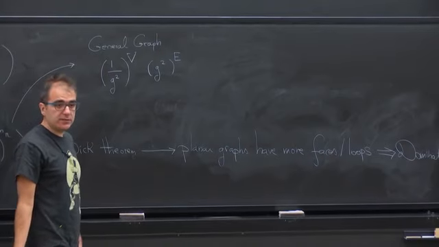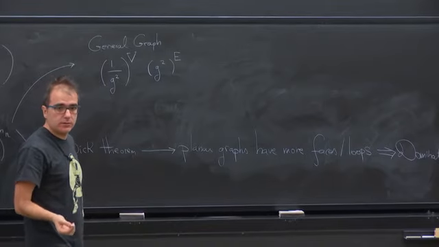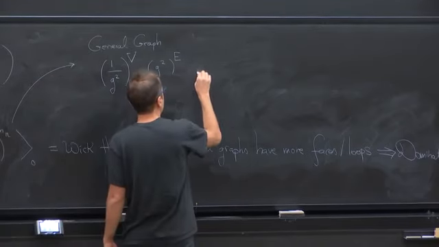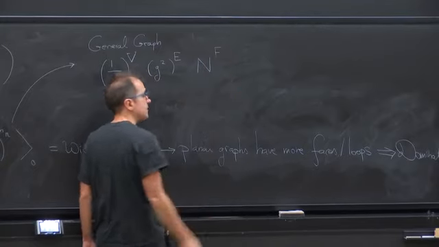And what about faces? Each time we have a face, we get a factor of N, right? We get N to the number of faces or loops of the graph.